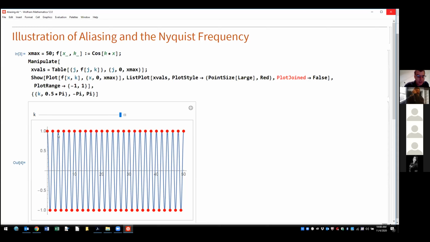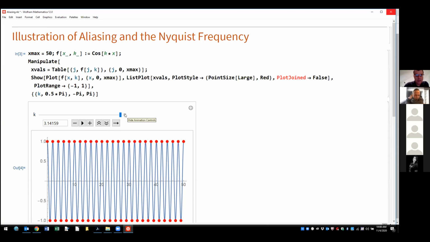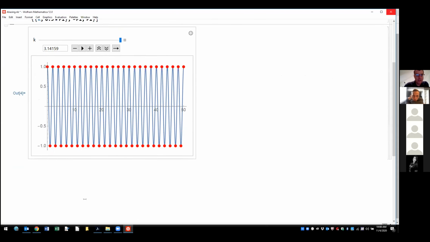So you would say that this is oscillating every 2 seconds. Because K is pi and K is 2 pi over the wavelength. So the wavelength is 2 pi over K.